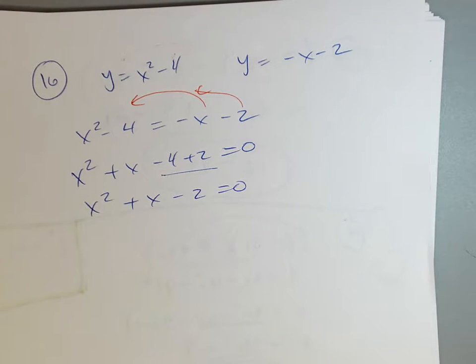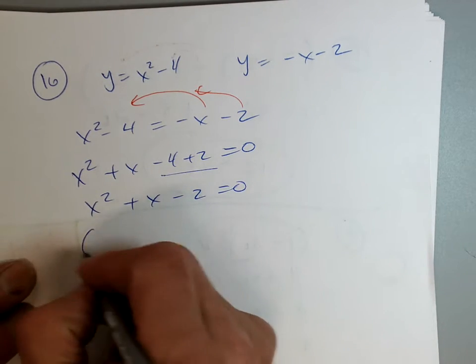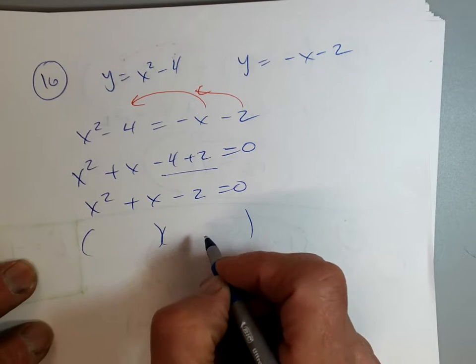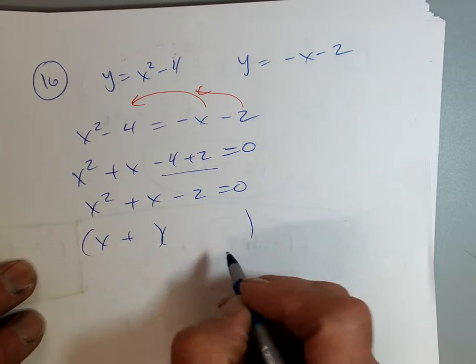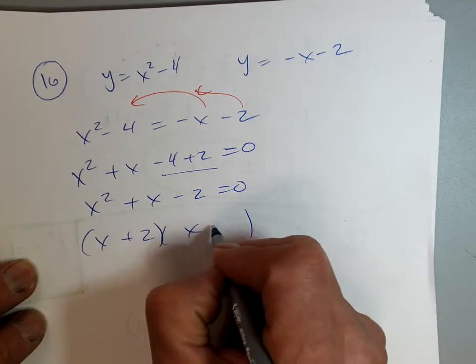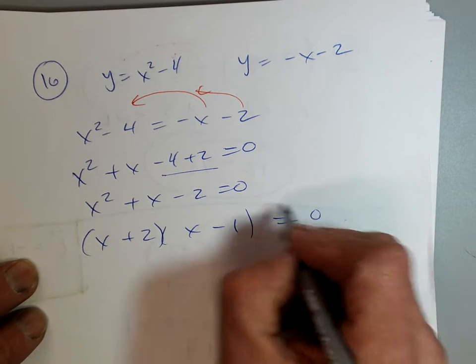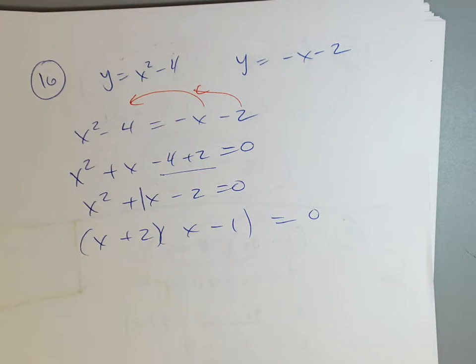How am I doing? In this case, I can factor, can't I? I want x plus 2 and x minus 1, because they combine to make the middle term of 1.